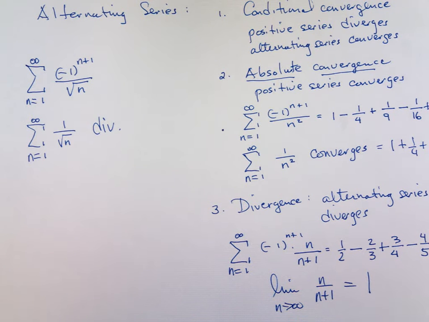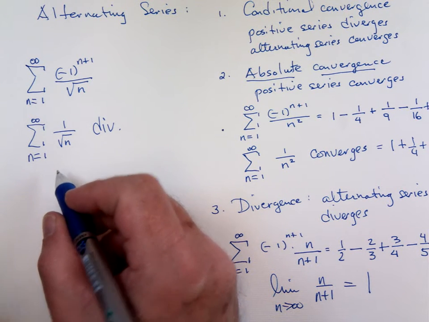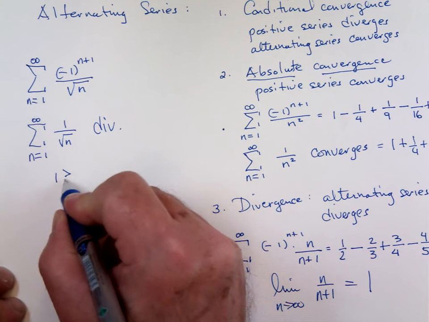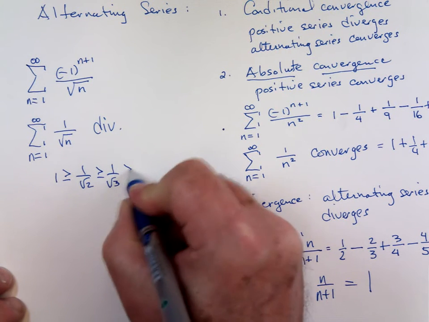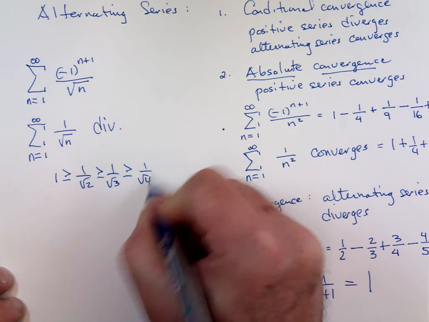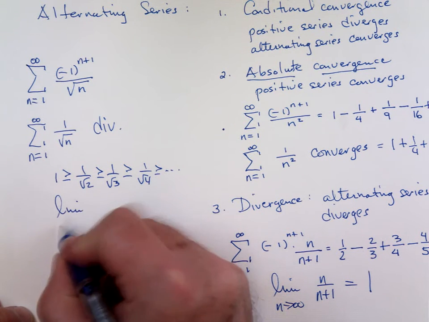Now, let's look at the terms. First term, 1, is that greater than or equal to 1 over the square root of 2? Is that greater than or equal to 1 over the square root of 3? Greater than or equal to 1 over the square root of 4, etc. Are the terms decreasing here? Yes, they are, because the square roots are getting bigger, the fractions are getting smaller. Is the limit of the nth term 0?